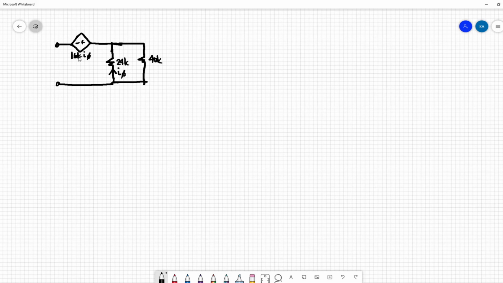Another solution is to get the Thevenin equivalent of this circuit. This is the right side of the circuit. Moving to VTH, since this is a dependent source, our VTH is just equal to 0.